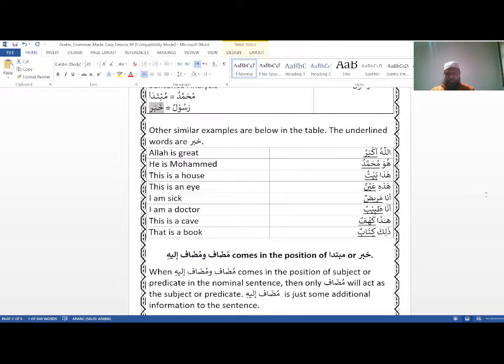The mudaf ilayh is just some additional information to the sentence, because our main noun is the mudaf. Mudaf ilayh is extra additional information to the sentence.